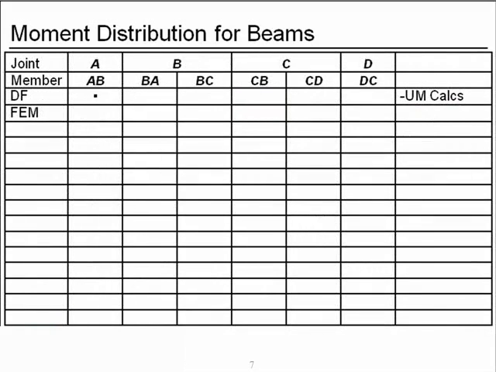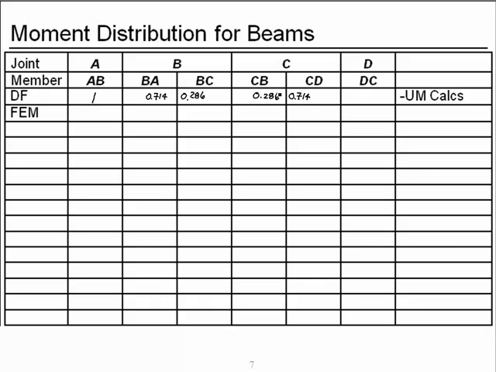So let's input those distribution factors into our chart, our worksheet. I'll nestle these two numbers close together because they both apply to joint B and will be how unbalanced moments distribute in node B. And 0.286 and 0.714.